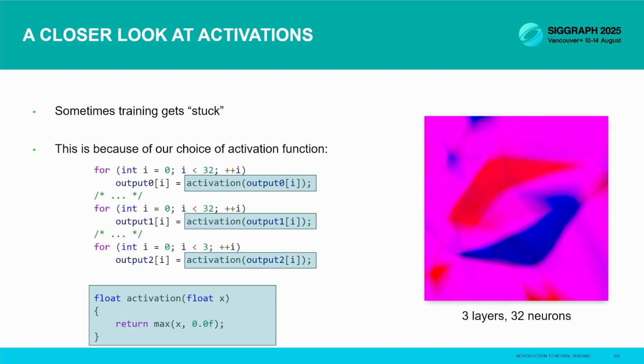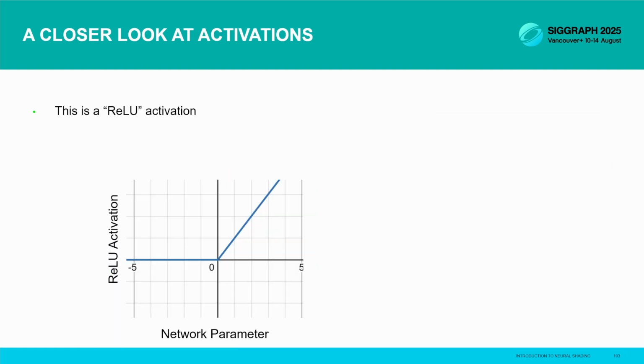Now, the main culprit for this is actually our choice of activation function. The thing that Chris described in the previous section, this simple clamp, is called a ReLU activation. And it is effective, but one main drawback that it has is that when the output of a network layer is negative, the value is clamped and the activation there is flat.